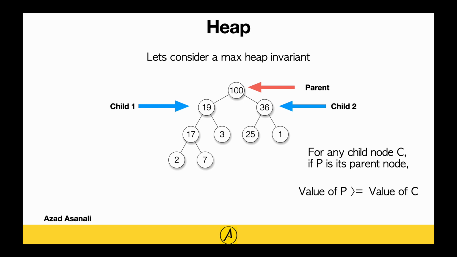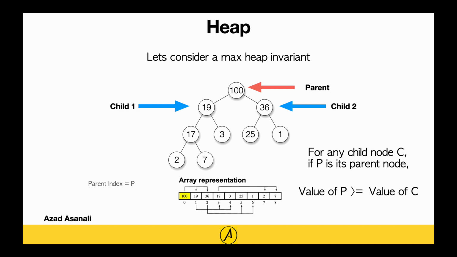In case of a min heap, it is the reverse. The parent node should be the lesser of both the children. So that's how we maintain a heap. As I said earlier, this tree-like structure can be maintained in an array. When you look at the array, the parent is at index 0 and the children are at index 2 times the parent plus 1.